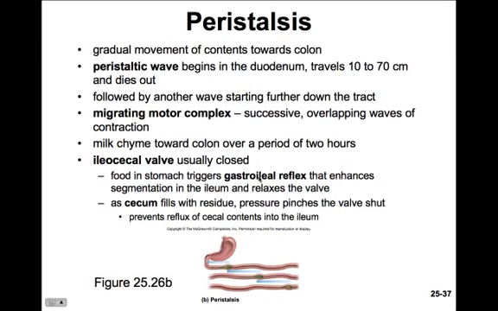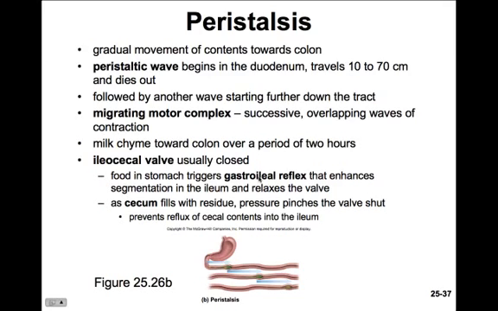Once they reach the end of the small intestine, we come to the ileocecal valve, which is usually closed. It's the gateway between the small intestine and the large intestine. However, food in the stomach will trigger the gastroileal reflex, which enhances segmentation of the ileum, so churning of food, and then it will relax the ileocecal valve.